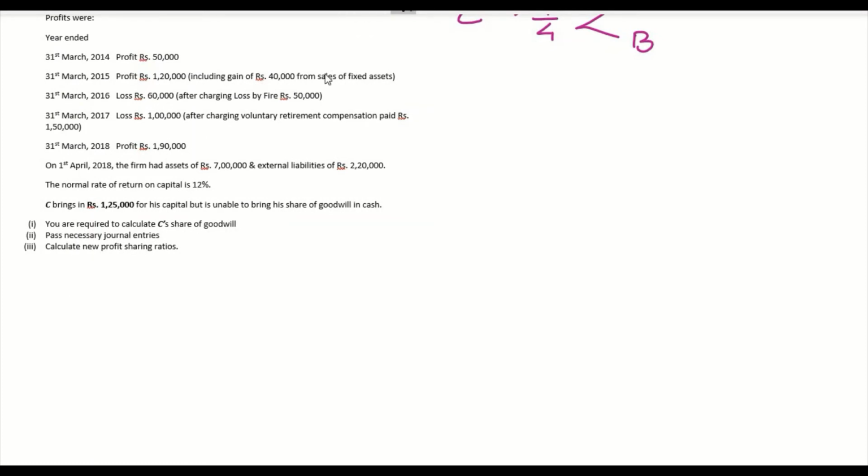So for 2014, 2015, 2016, 2017, 2018, 5 years profit is mentioned. 2014 the profit is mentioned as 50,000. 15 is 1,20,000, 60,000, 1 lakh, and 1,90,000. So profit for each year is mentioned.